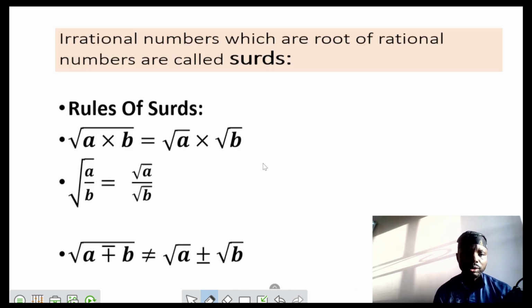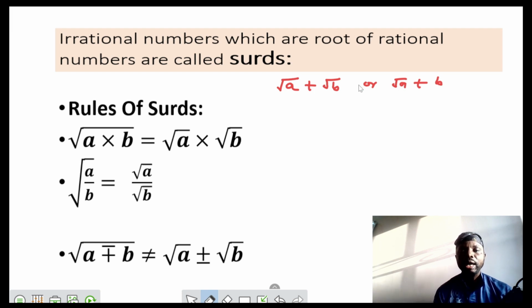Now, the word surd. Irrational numbers which are roots of rational numbers are called surds. That means a surd involves a root: any expression that involves the root of numbers, maybe in the form of root of b, or maybe root of a plus a whole number, let's say b.